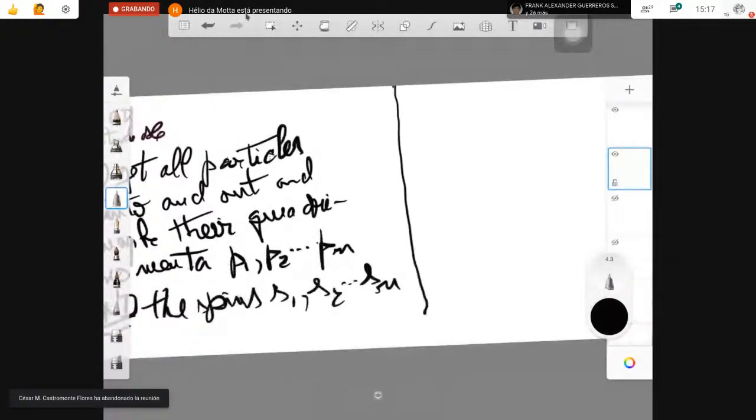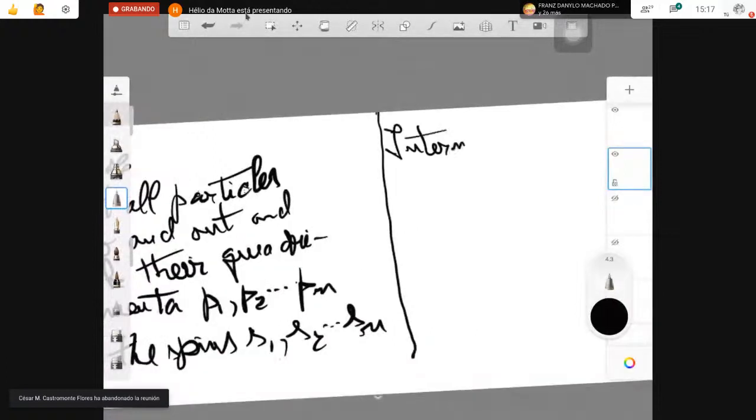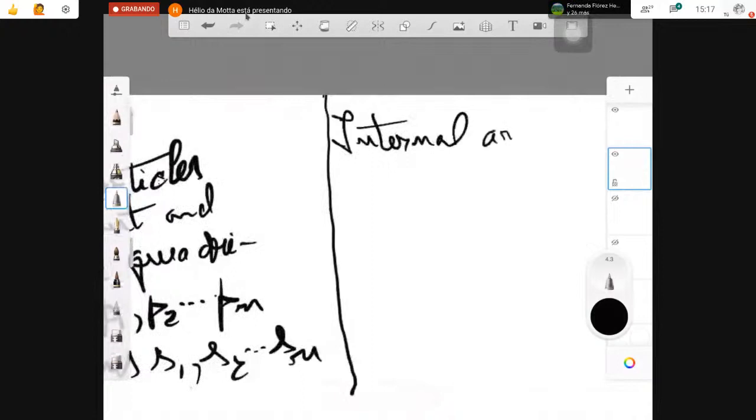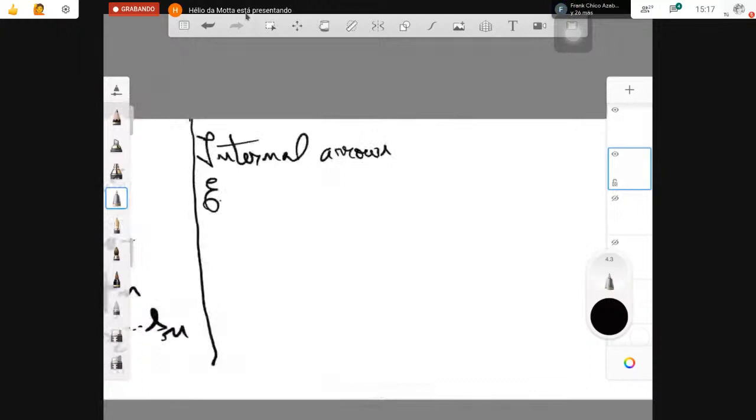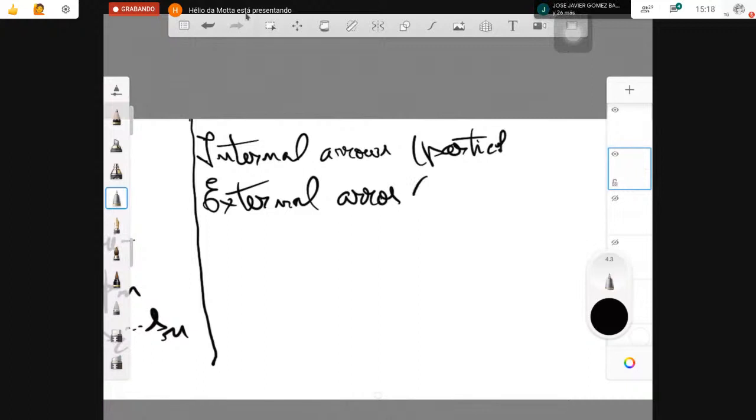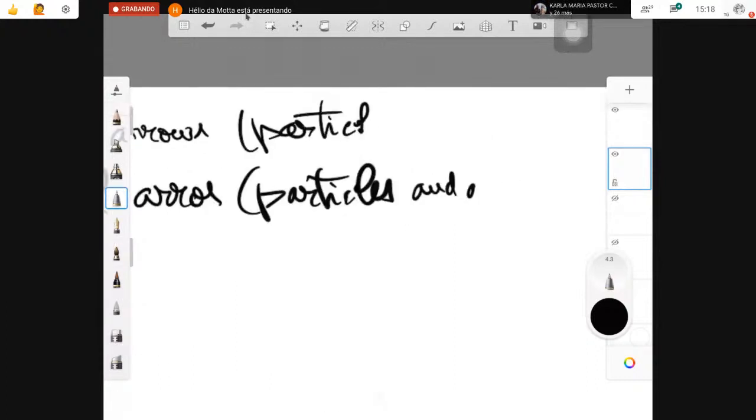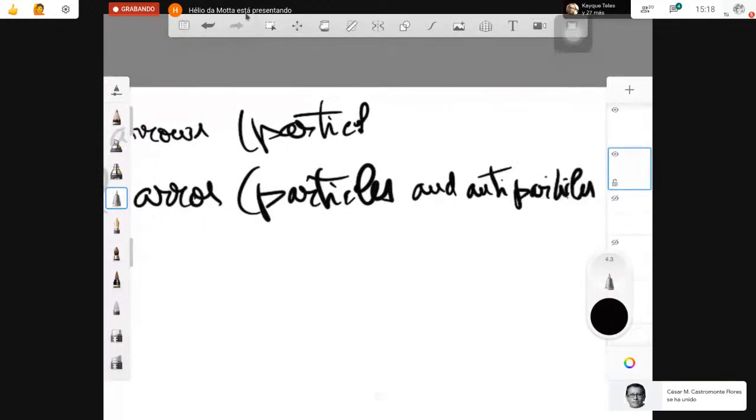Now we're going to have internal arrows and external particles and antiparticles.